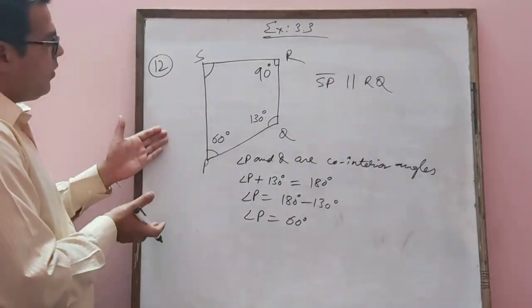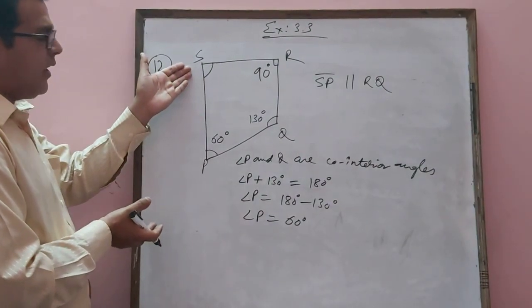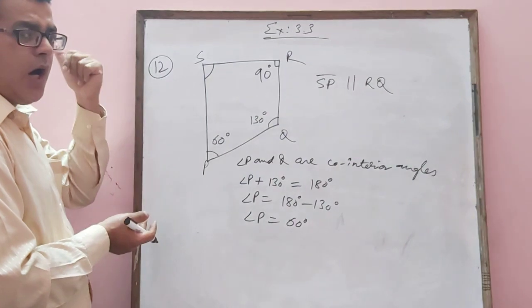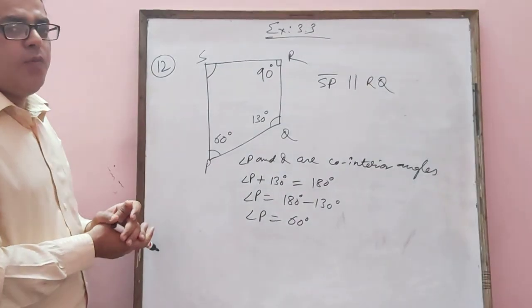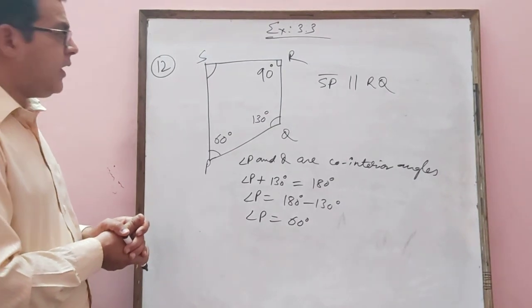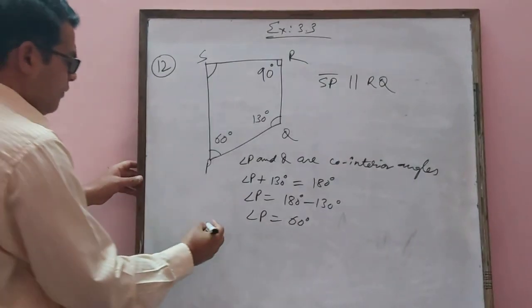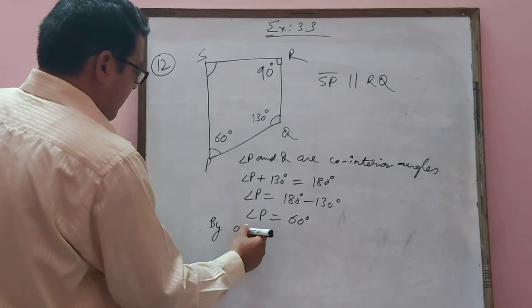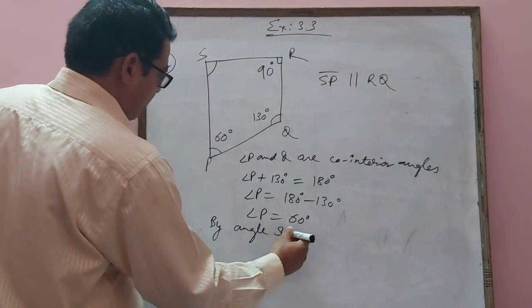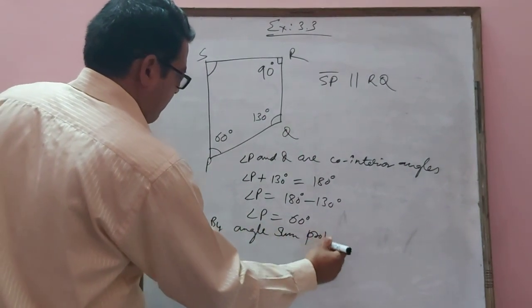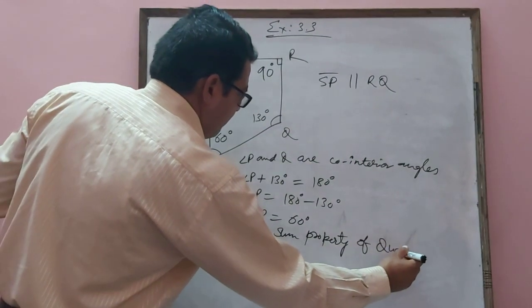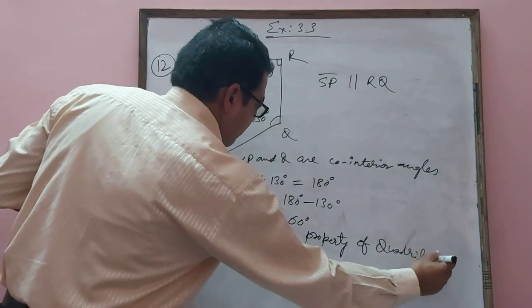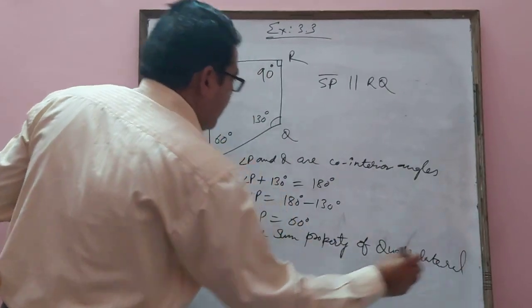Right? Now you can easily find angle S. How can you find it? By using the angle sum property of a quadrilateral. What is the angle sum property of a quadrilateral?